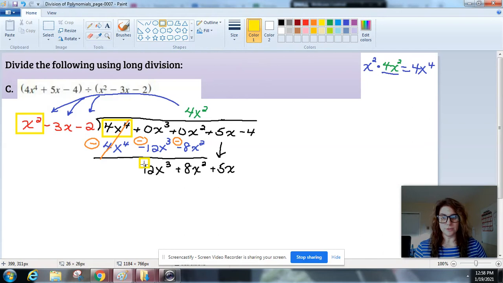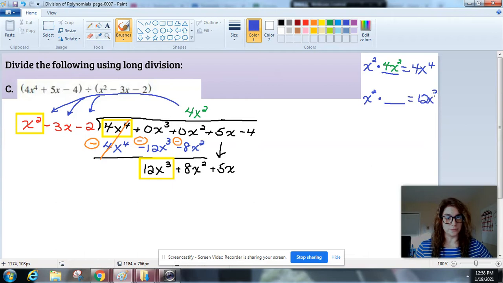Look at your first term. Just like we did before, I have an x squared. What do I multiply it by to get a 12x cubed this time? Well, in this case, obviously I need a 12x, so I'm going to multiply by 12x. And x squared times x creates the x cubed. So that's going to be my next term.